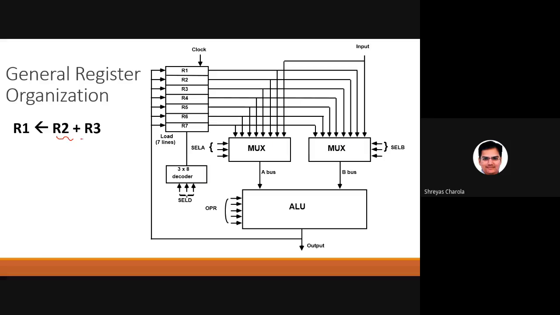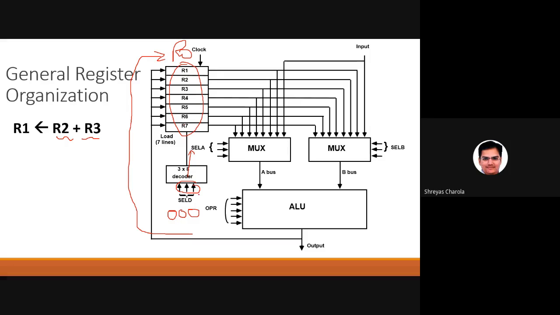Consider R1, R2 and R3 need to be added. Look at this. The answer I get from the accumulator will be written into R1, R2, R3, R4, R5, R6 and R7. Total 7 registers are there. Now, we have a 3:8 decoder. If I select 0,0,0, the answer I got from the accumulator will be written in R0.